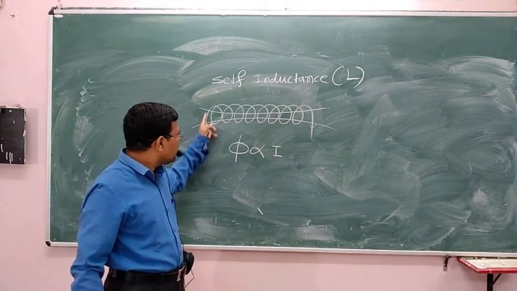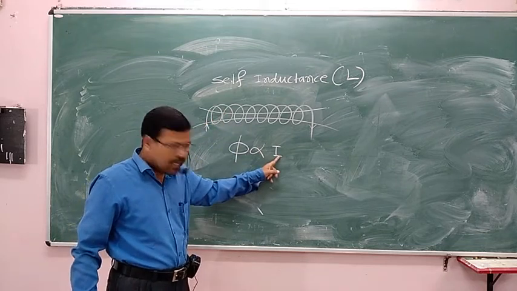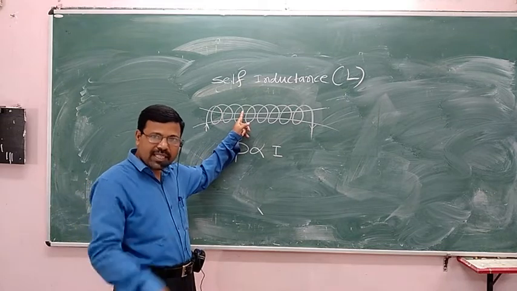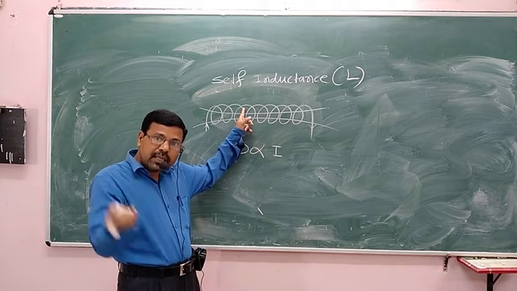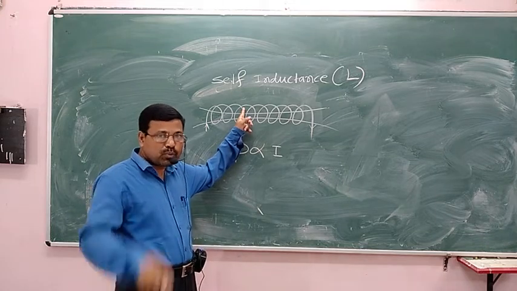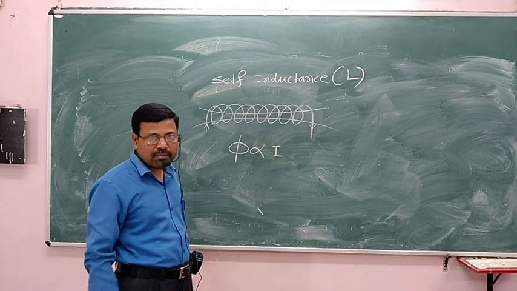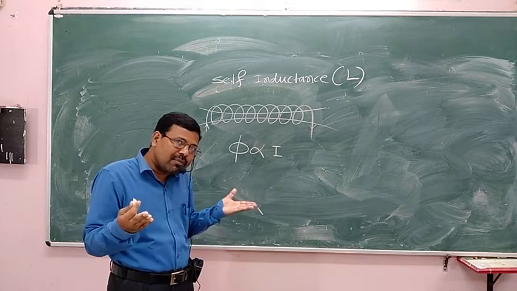If the current passing through the coil changes, then the magnetic flux linked with the same coil changes. Then in this coil only, some induced EMF is produced, which is known as back EMF, and this phenomenon is called self-inductance. And this self-inductance plays the role of inertia.